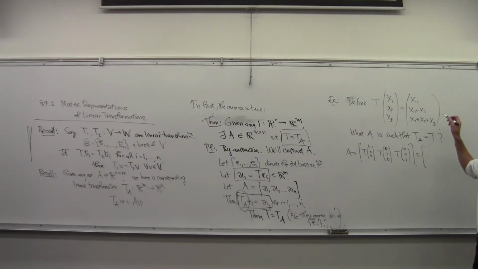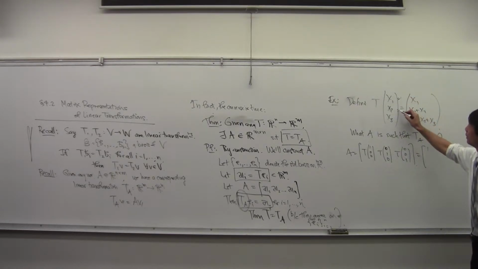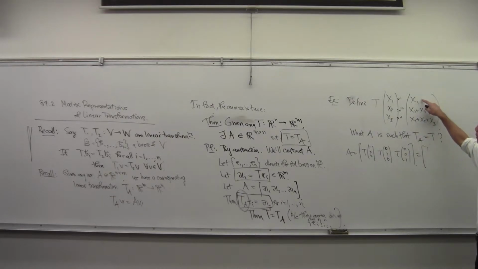Nico? So x1 is 1, x2 and x3 are 0. It's just x1, so it's going to be 1 1 1, right?